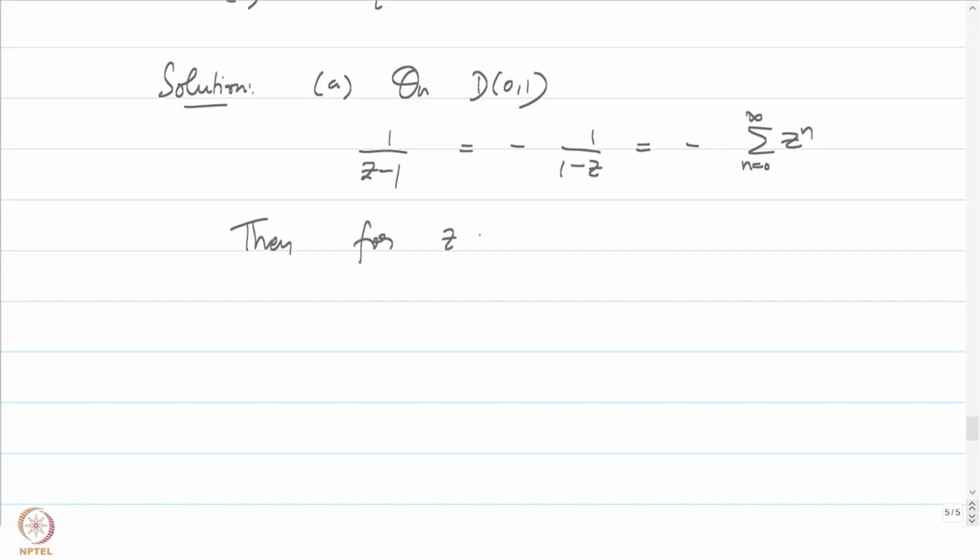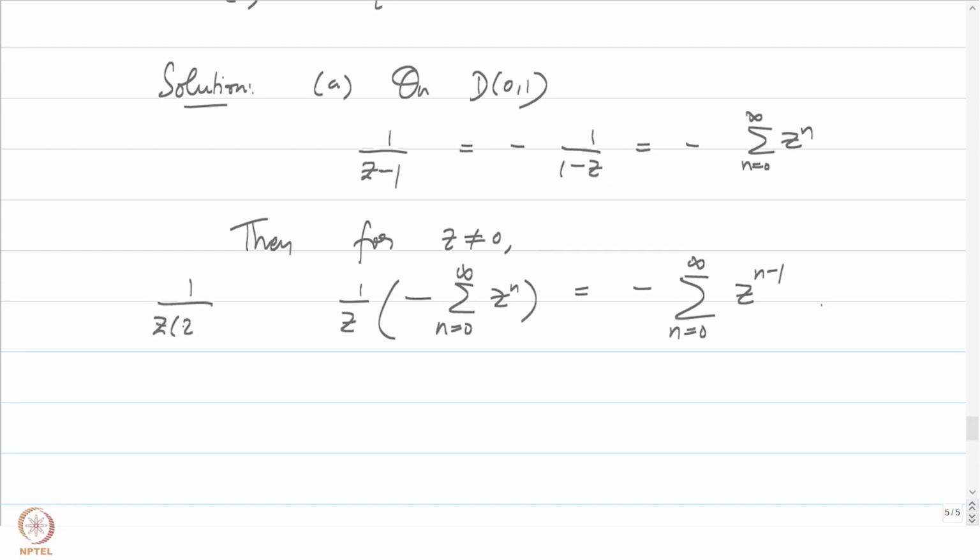Then for z not equal to 0, 1 by z times the power series, by taking it in, because this series is convergent, we can do this in this case. This is going to be z to the power n minus 1, where n is going from 0 to infinity, and this is precisely our 1 by z times z minus 1, and we have our power series expansion here.